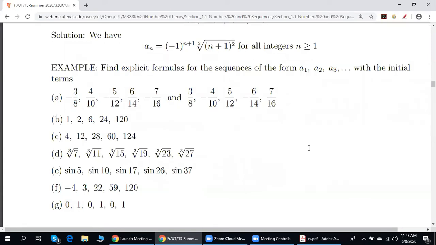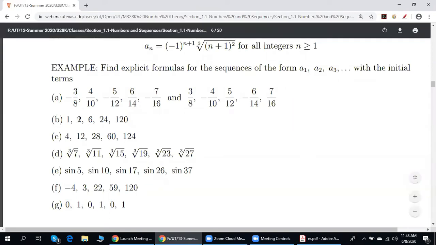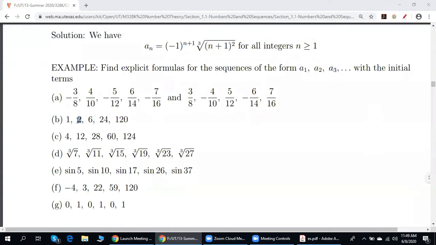I looked at the differences between all the numbers and saw that it was increasing every time. So you would have to not just use an arithmetic sequence, but use geometric as well. So you considered all differences. 2 minus 1, 1. 6 minus 2, 4.